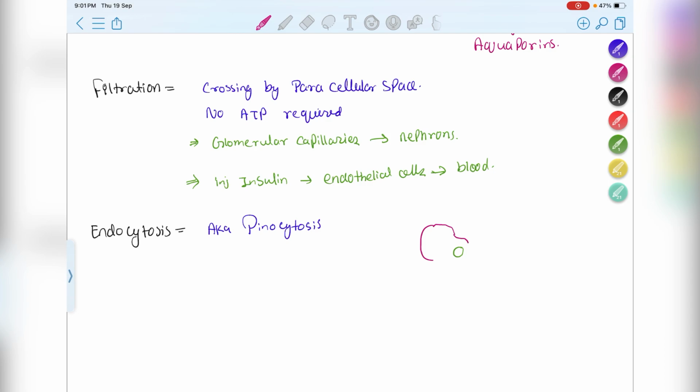The cell becomes like this. Okay, after some time the cell becomes like this. Like in this, the cell is taking up the drug inside it, endocytosis. Okay, so this is the process of endocytosis, and by this process large proteins can be absorbed.